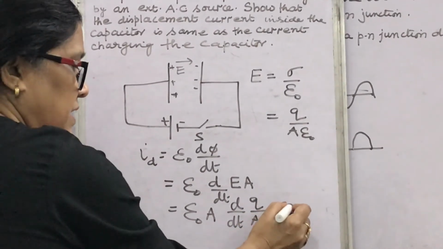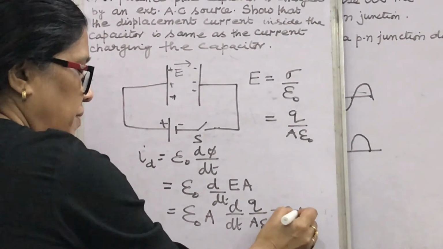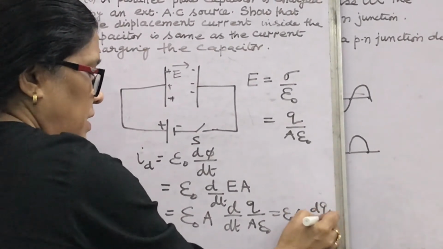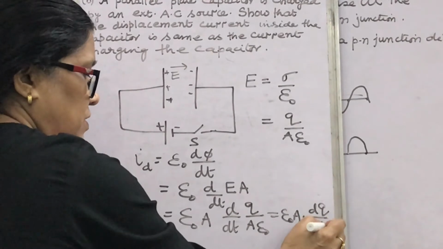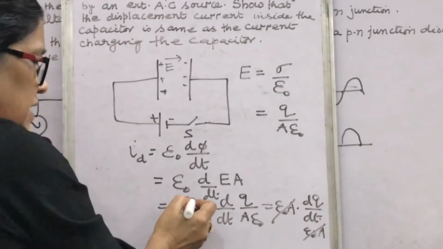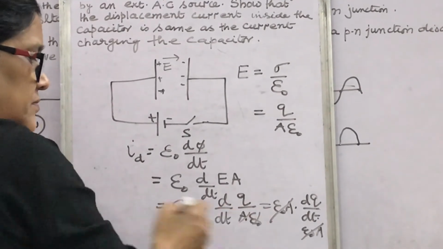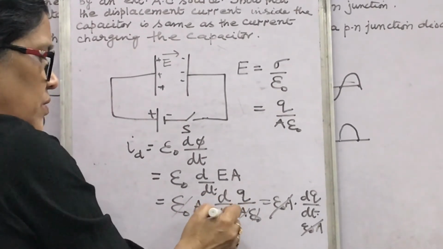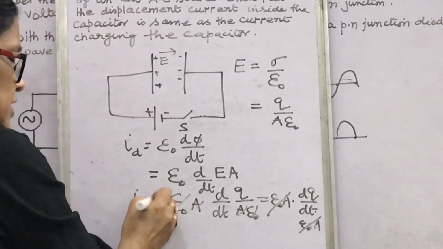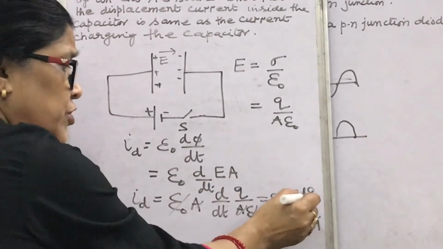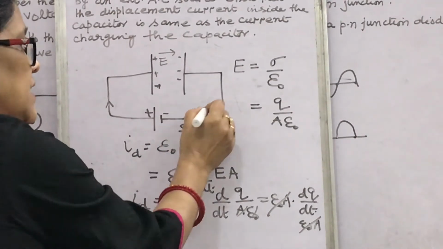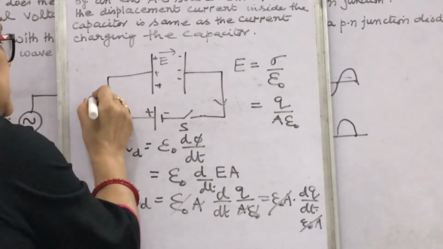Epsilon naught A into dq by dt into 1 upon epsilon naught A. This will be cancelled. What is left? Only dq by dt. And what is this? ID, the displacement current. dq by dt is the rate of flow of charge through the battery. That means it is the charging current.